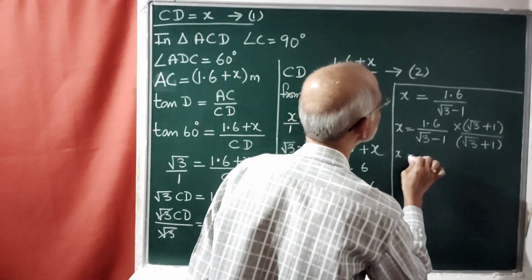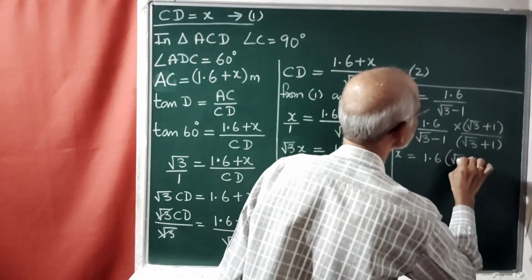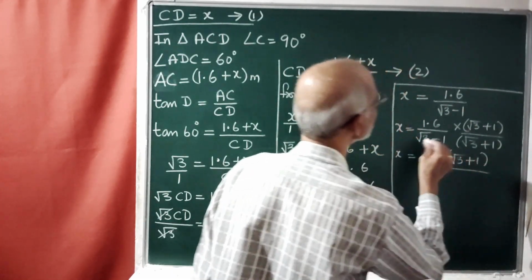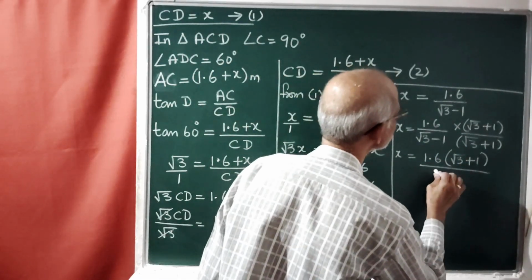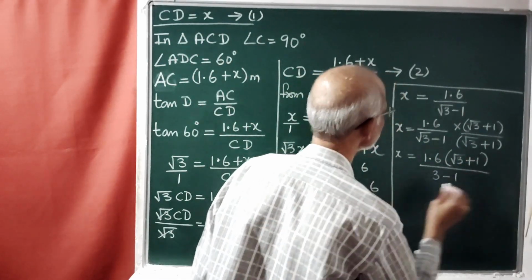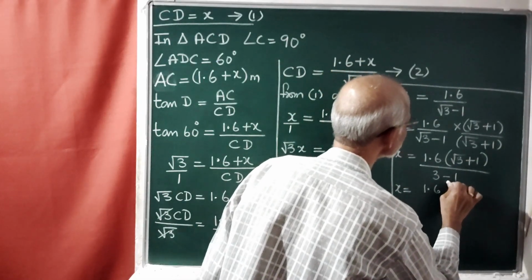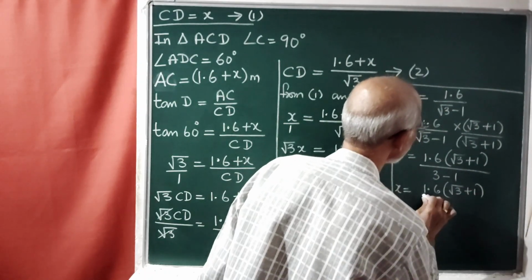So x will be equal to 1.6 into root 3 plus 1 by a plus b into a minus b, a square minus b square, that is 3 minus 1. So x will be equal to 1.6 into root 3 plus 1 by 2.